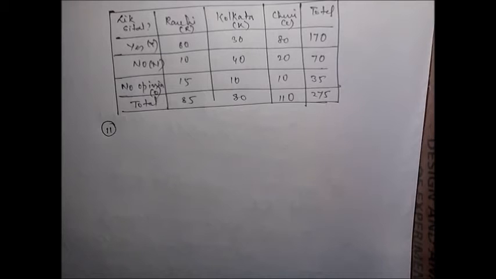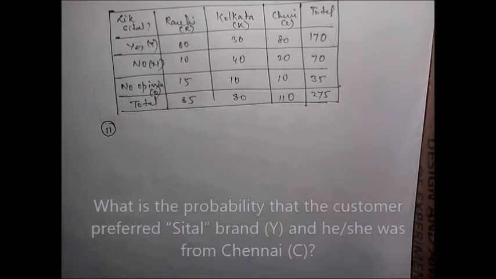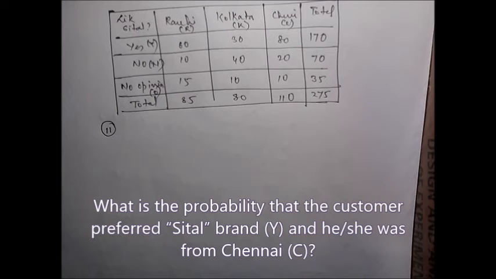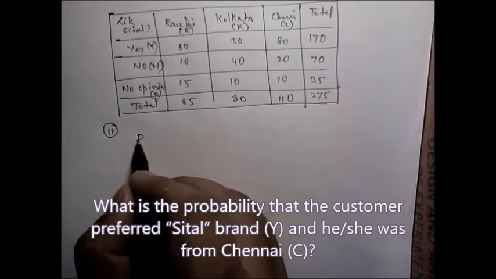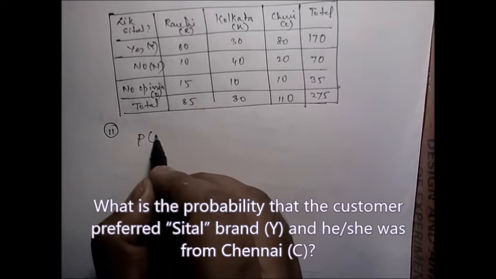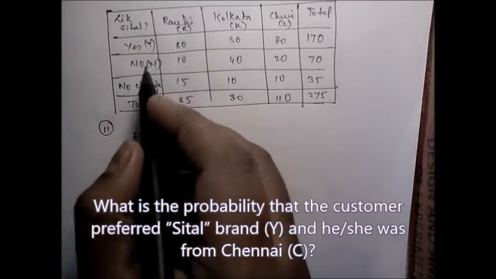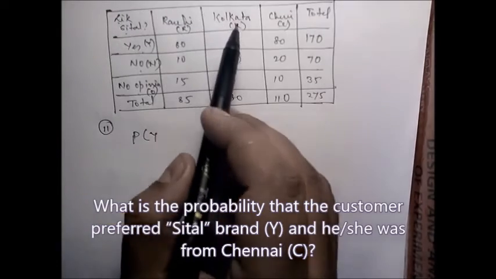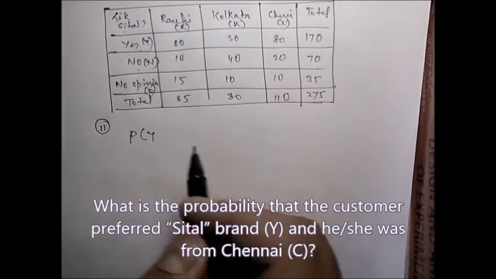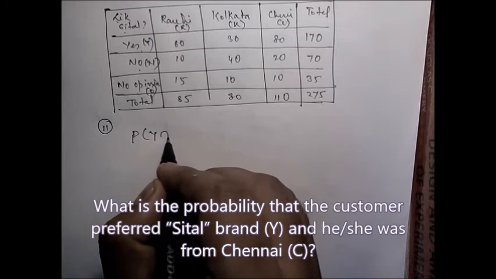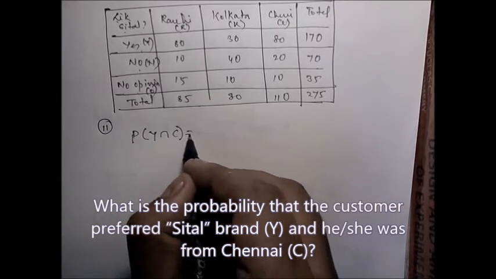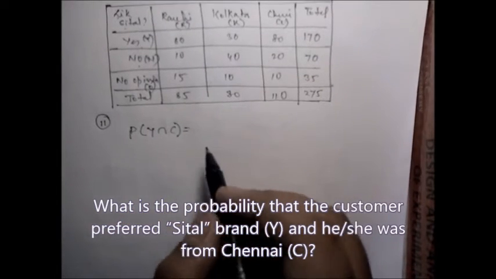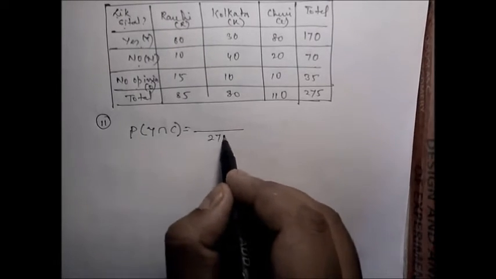For example, what is the probability that the customer prefers Sheetal brand and he or she was from Chennai? Clear? So the customer preferred Sheetal brand? Yes. Sheetal: yes, no, no opinion, O. R for Ranchi, K for Kolkata and C for Chennai. So Sheetal brand yes, and he was from Chennai. So total number of events is 275.